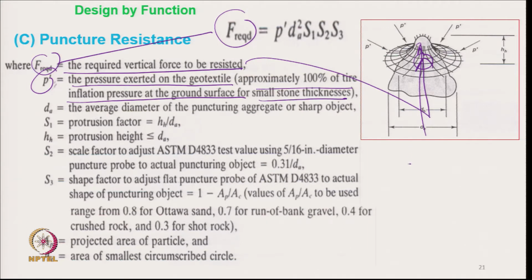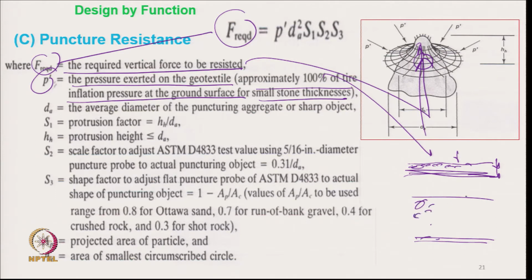For smaller depth of geotextile placement, we can assume this as 100%. If we are placing geotextile at a larger depth, this may reduce a little bit.